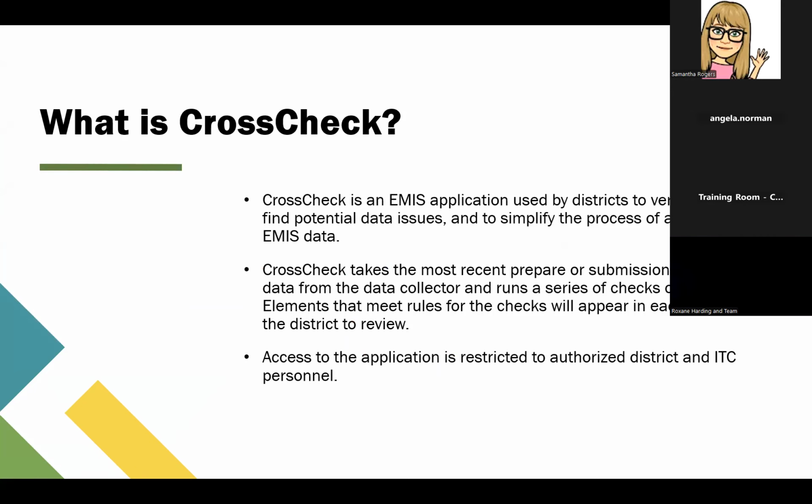When we report staff to EMIS, we take the data from student information and put it with USPS. And then that goes together, and Crosscheck will look for errors by crossing that data together and trying to find inconsistencies that may be incorrect and errors that need corrected, which will affect your report card and funding and things like that for your district.